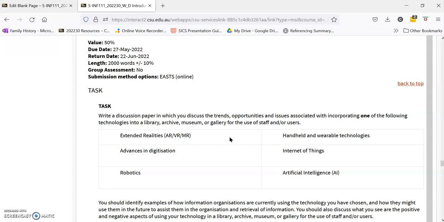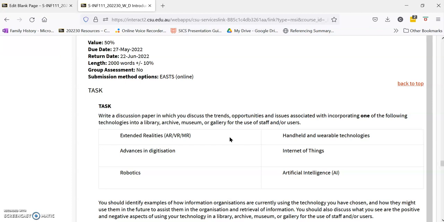So you could talk about film archives in general, but you won't be basing your whole paper on one specific archive. You can pull in examples from different archives. Let's say you wanted to use film archives, then there would be examples not just in Australia but overseas that you could use.